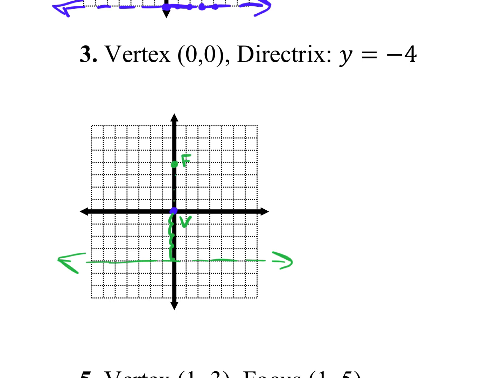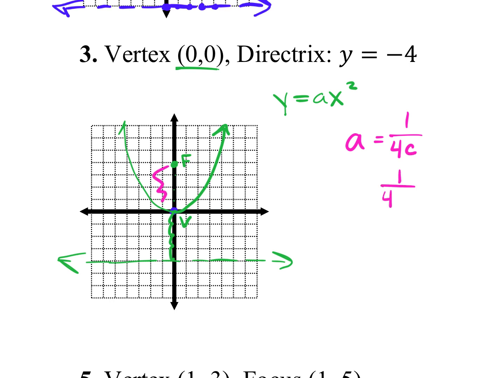There's your focus, which means your parabola opens up, which means with a vertex of 0, 0, it's going to be y equals ax squared. Right? There's no fancy vertex here. So find your a value. A is 1 over 4 times c. What is c? C is 4.